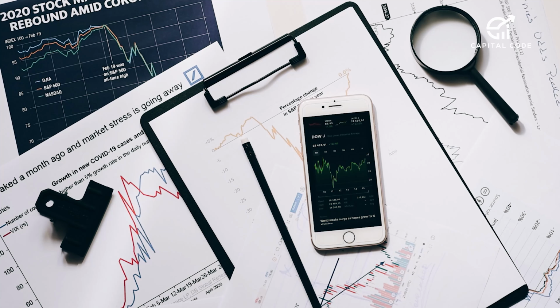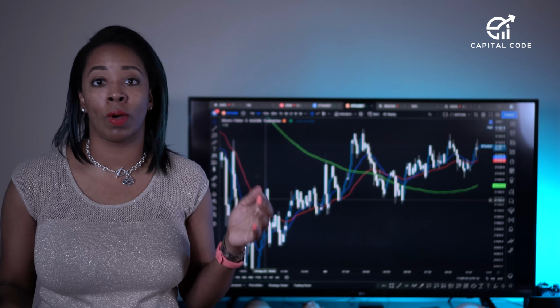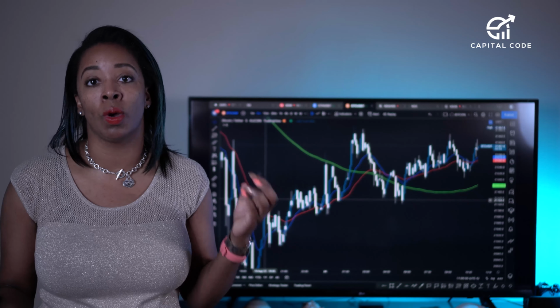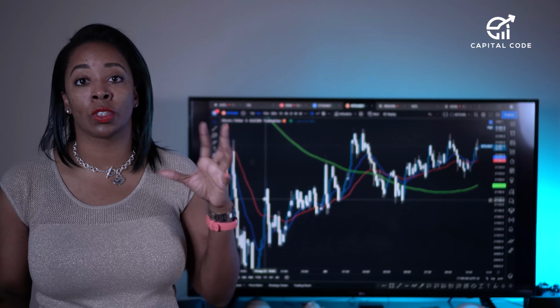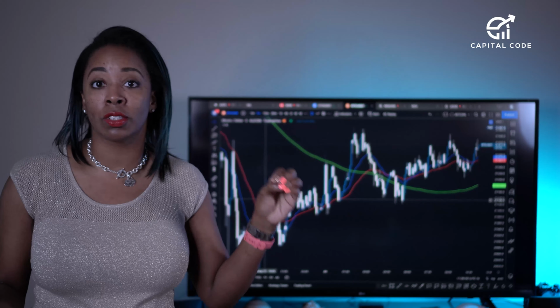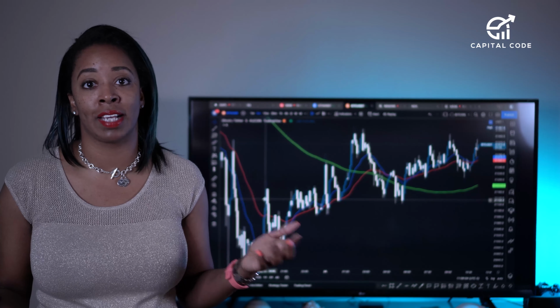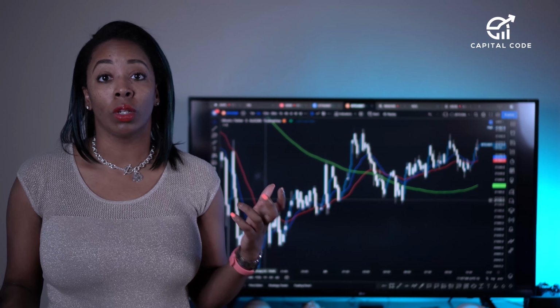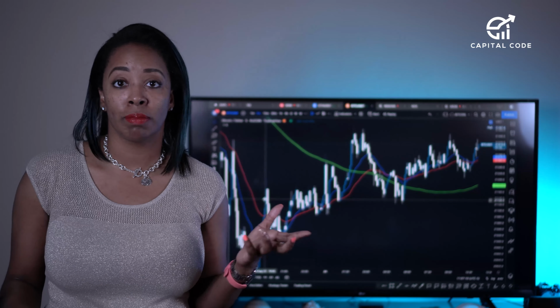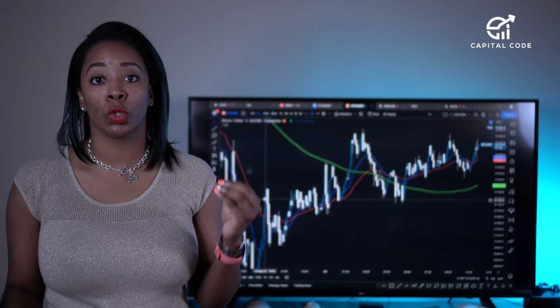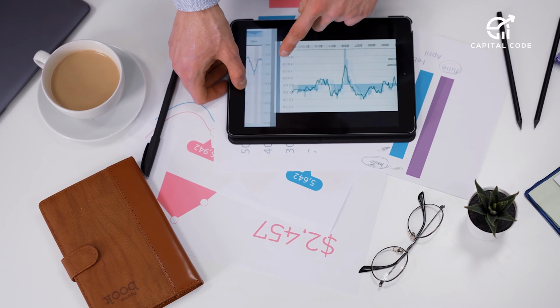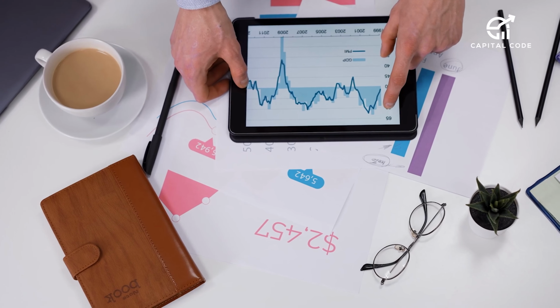For long-term investing, it's really interesting to look at, but it's not the number one thing that I look at when it comes to long-term investing. I mostly still look at the fundamentals, and then I look at the trends of the market. So when it comes to long-term investing, volume comes into play when I want to either buy something quickly or sell something quickly, and that is known as liquidity.